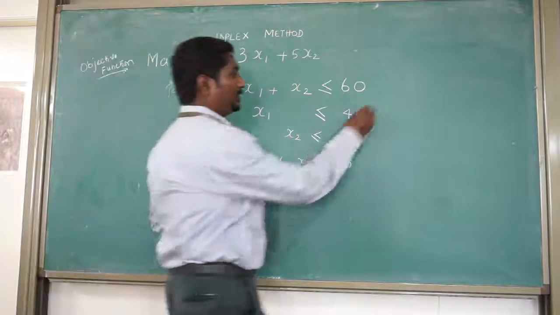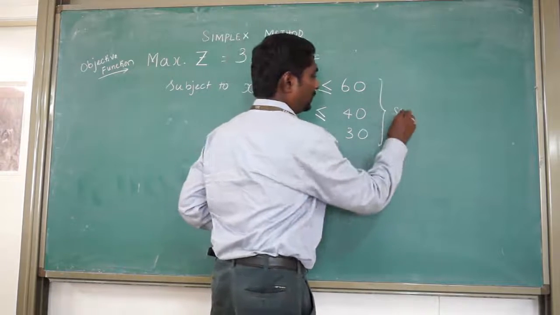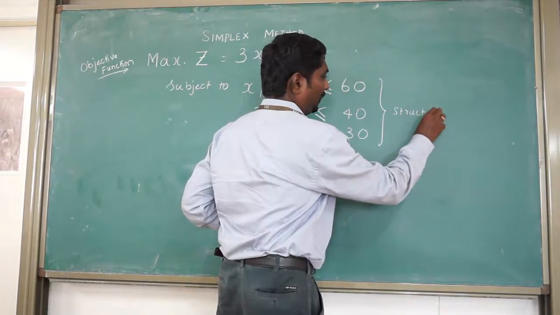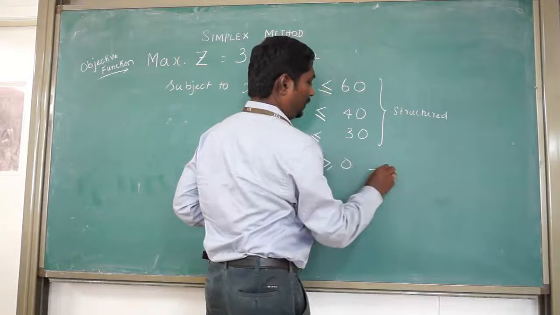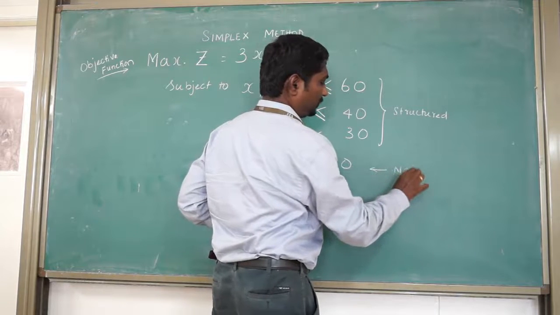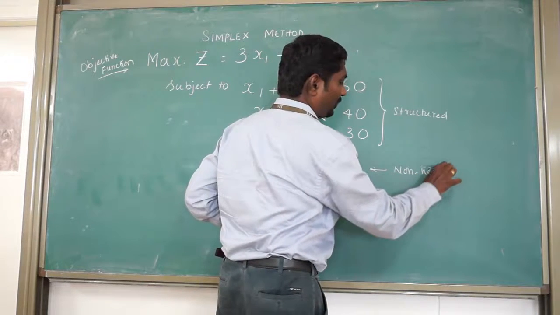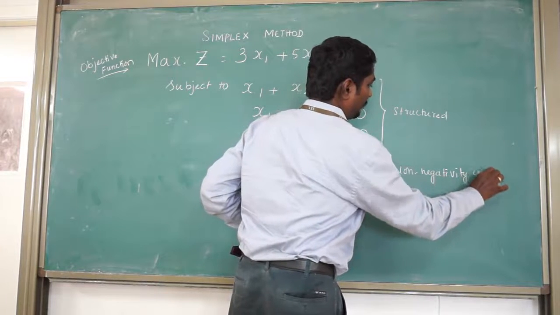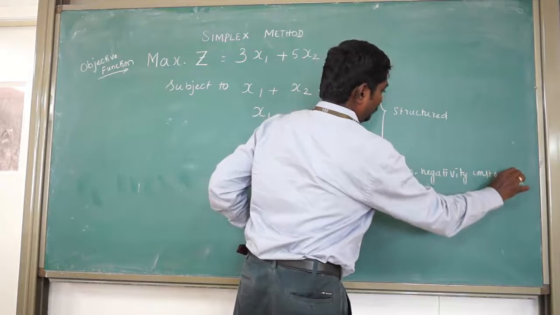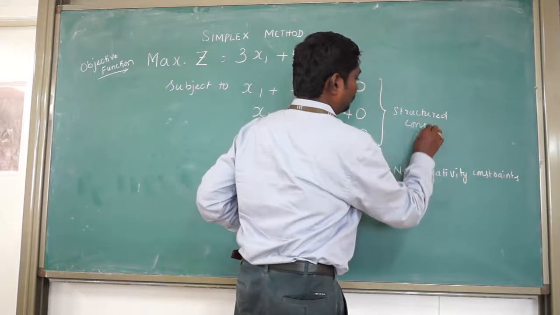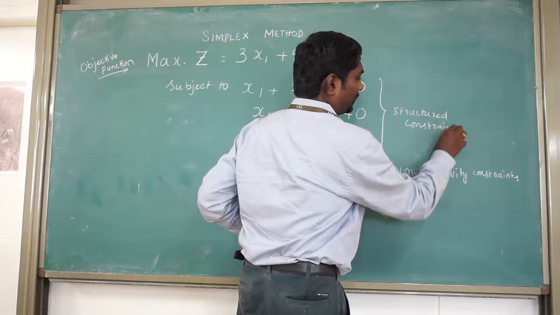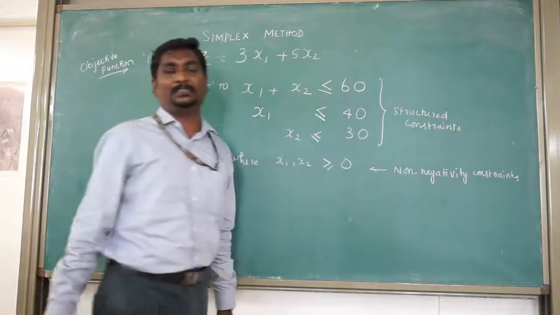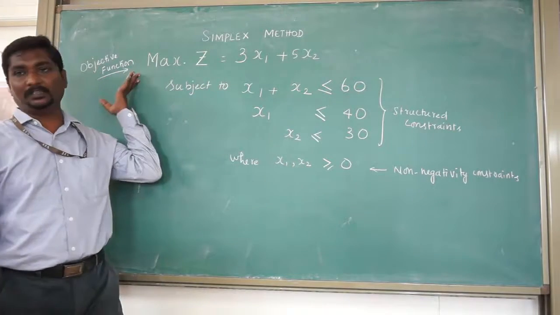Basically, these constraints we call structured constraints and non-negativity constraints. So any linear programming problem will have these two types of constraints. Constraints are nothing but certain sets of conditions which have to be satisfied to obtain this objective function.